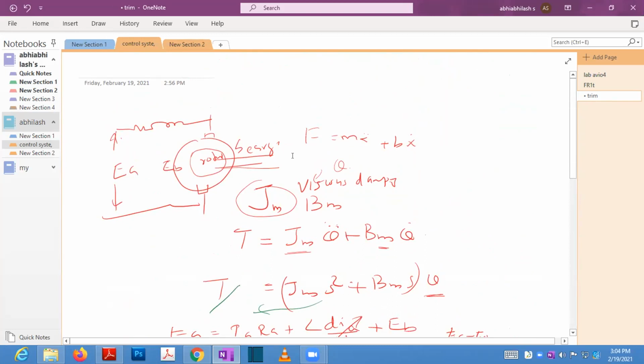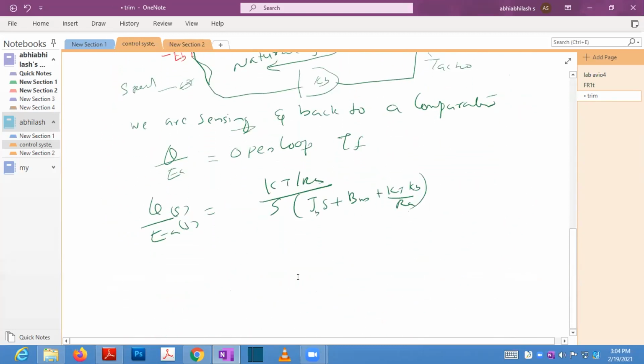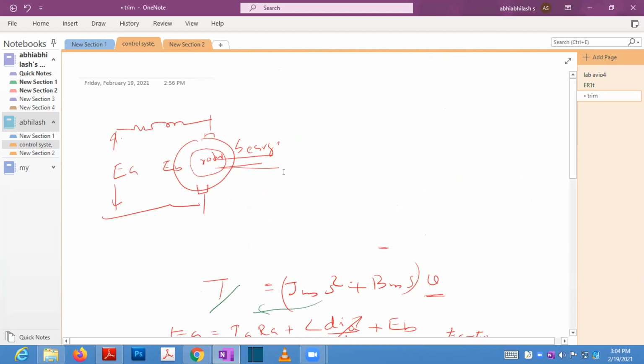Now we are going to connect the motor to an external load. So we have a motor like this, and I have to connect it to the external world, or I have to connect a useful work. For that purpose, I am using a gear.